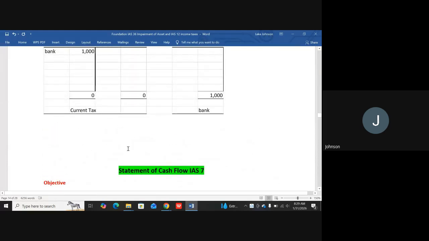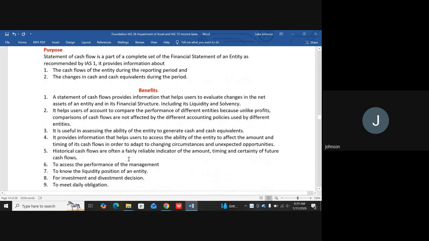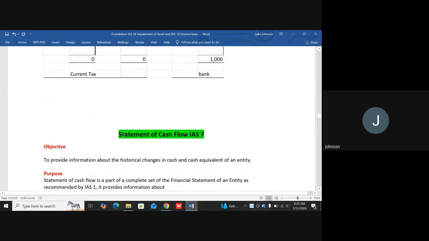The accounts that you have to prepare, I think there are five: directors' report, auditors' report, statement of profit and loss and other comprehensive income, statement of financial position, cash flow statement, and value added statement. There are lots that you can prepare, but this one is a must.